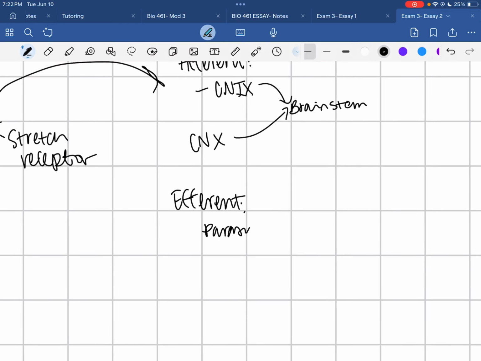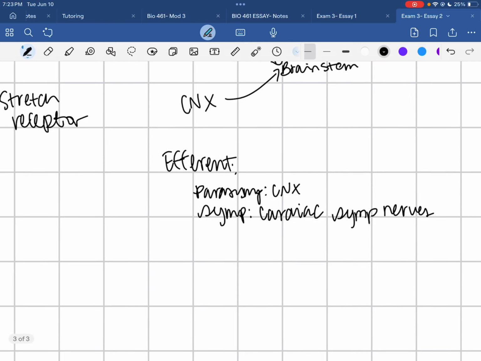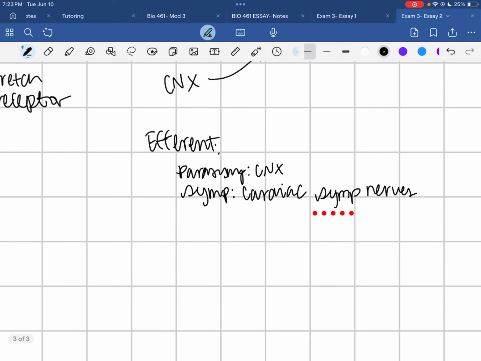Then we have our efferent pathway, which is going from our brain stem to the rest of the body. So it would be parasympathetic, which would be the vagus nerve, CN X, and then sympathetic, which would be our cardiac sympathetic nerves.